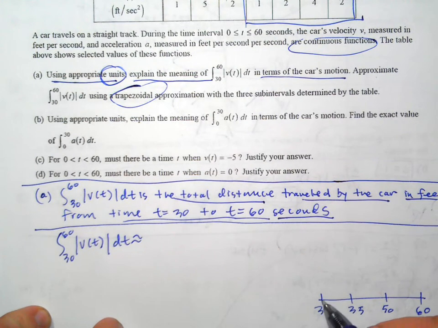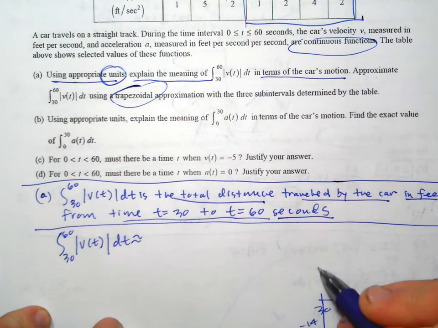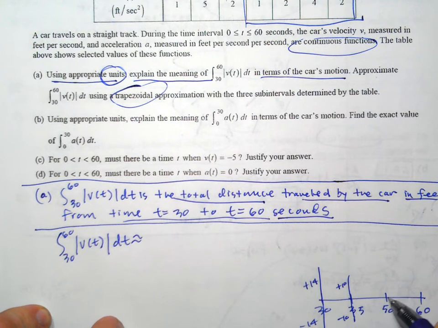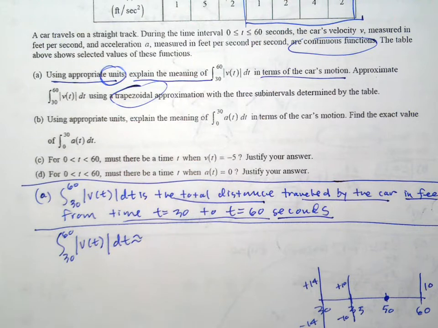So the first one is -14, but we're going to make it +14. The next one is -10, but we're going to make it +10. And the next one is 0, and the next one is 10.